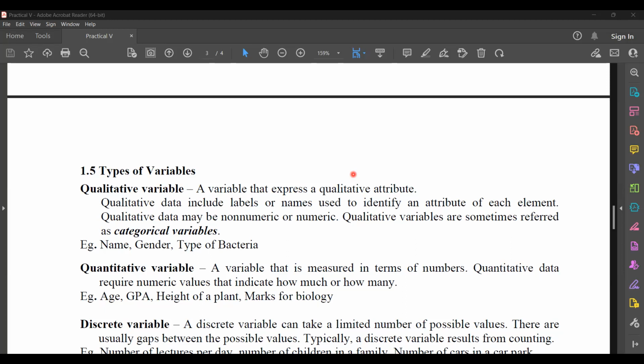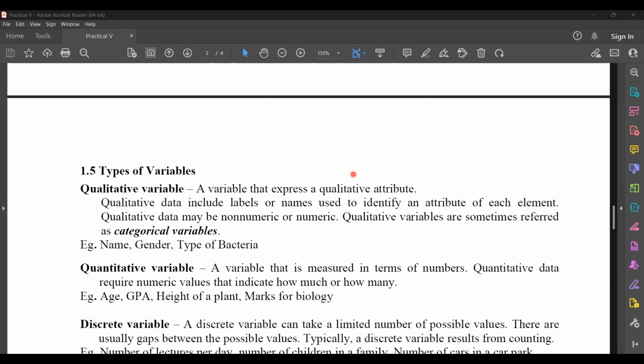And if you consider educational qualification, there might be O levels, A levels, diploma, degree, PhD. Likewise, there may be certain levels or categories for that variable, but there is no numerical sense for those variables.